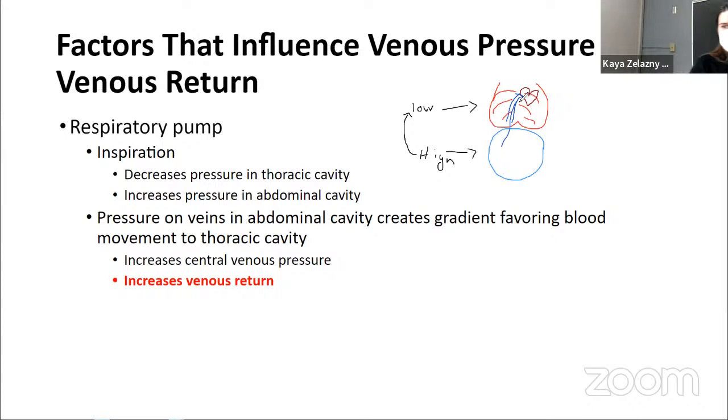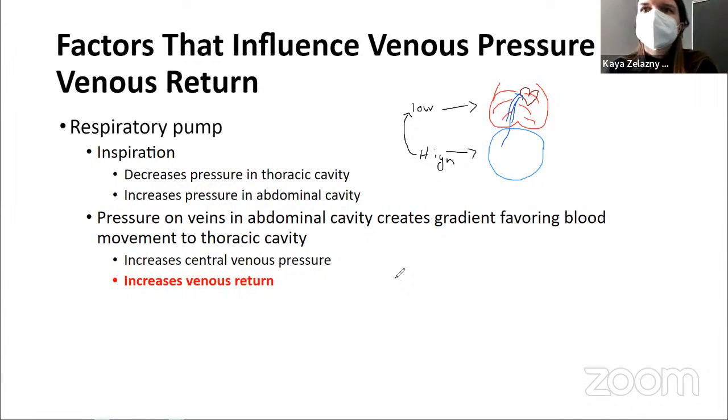So this is increasing the venous return. And after we move blood into it, it then increases the central venous pressure because of that movement of blood volume into the thorax. Make sense so far?